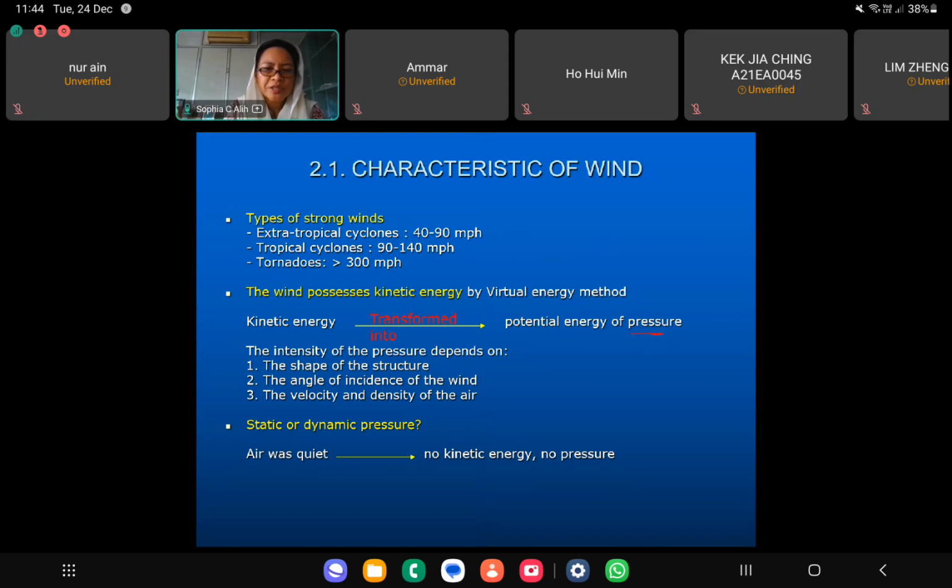And this pressure depends on the shape of the structure, the angle of the wind, and also the velocity and density of the air. So when you do, for example, for earthquake, a study in the lab, you have to construct your model as the real structure that is going to be studied.